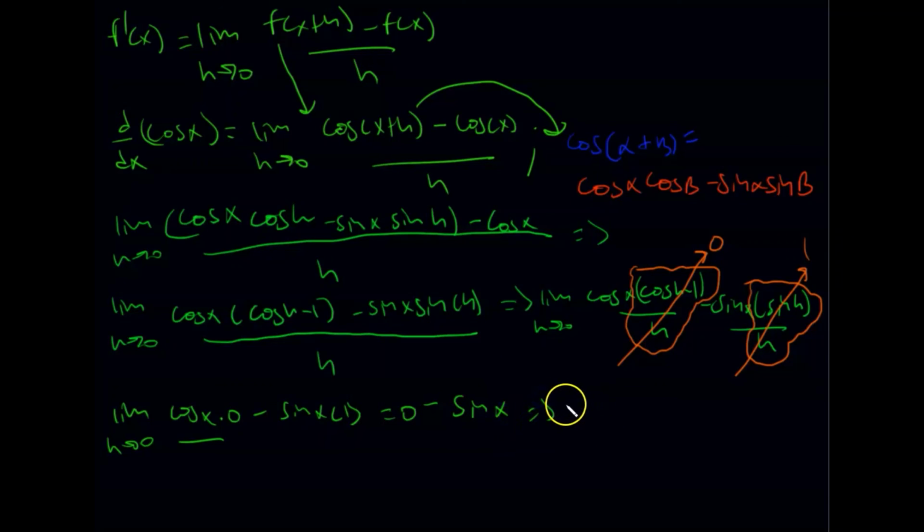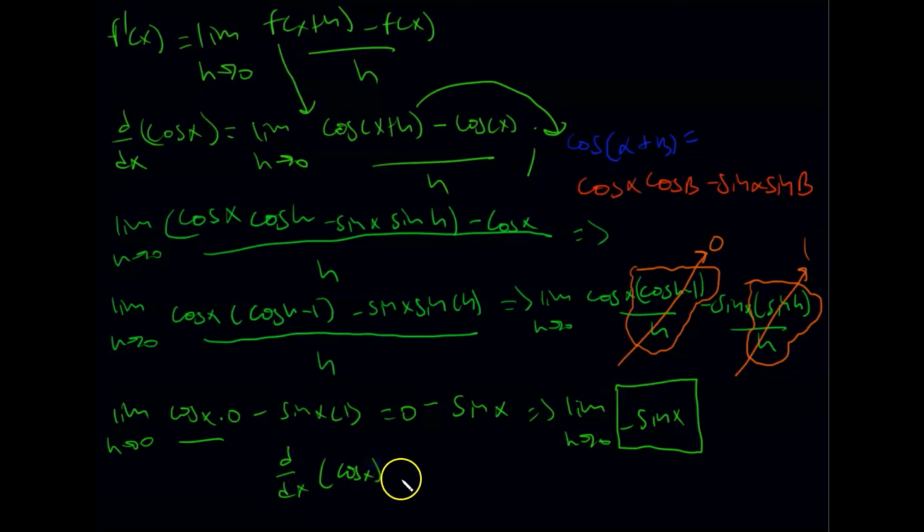So thus, we have the limit as h approaches 0 of negative sine x. But as we saw in the sine example, there are no instances of h here, so the limit doesn't actually do anything. So our derivative is just negative sine x. So d dx of cosine x equals negative sine x.